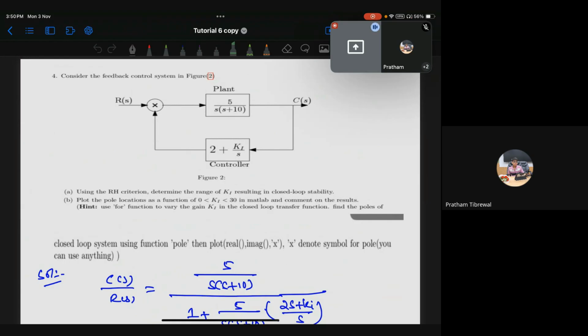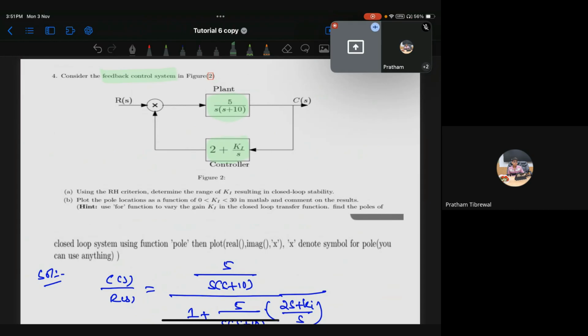So we have this feedback control system, where the plant transfer function is 5 by s into s plus 10, and this is the controller. What this controller is doing is taking the output and passing it through the controller 2 plus Ki by s, where Ki is the gain, and giving it to the summing point.